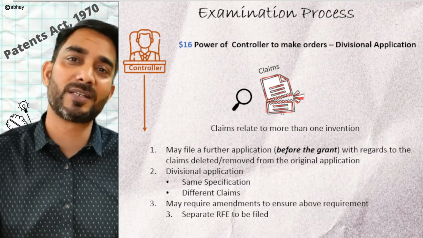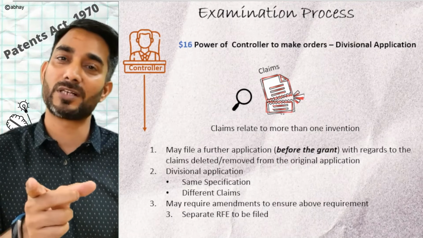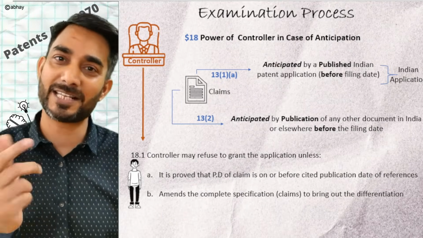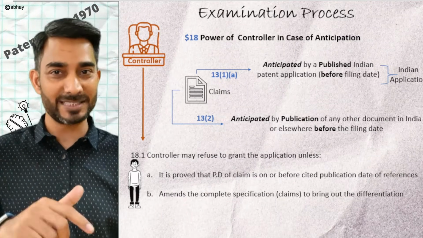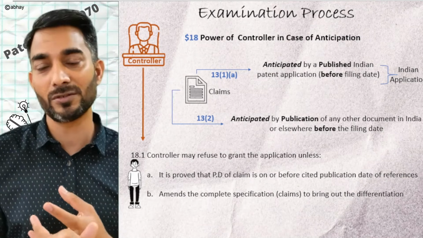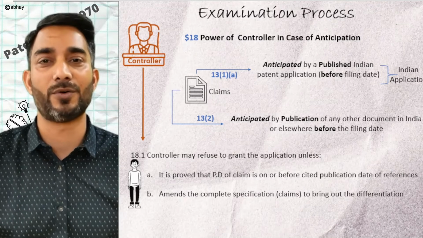Now, the other judgment that the controller needs to undertake is with respect to the references which were identified by the examiner. Let's take the first case where the invention was anticipated by the publication of either the Indian application or any other documents before the filing date of the invention.